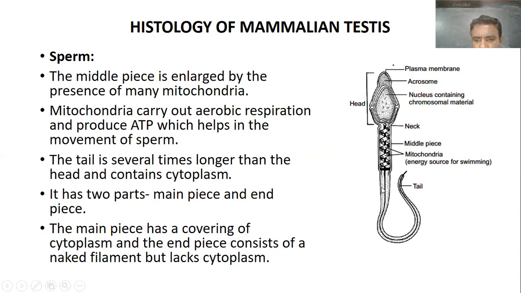The tail also has two parts: one is the main piece and the other an end piece. The main piece has a covering of cytoplasm, and the end piece consists of only a naked filament, lacking cytoplasm. So this is about the structure of the sperm.